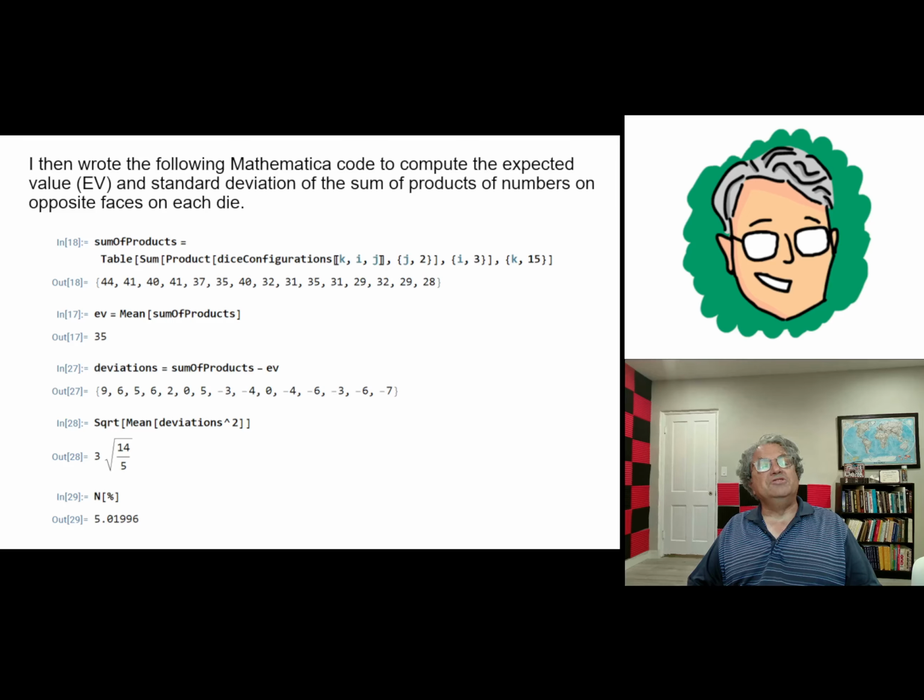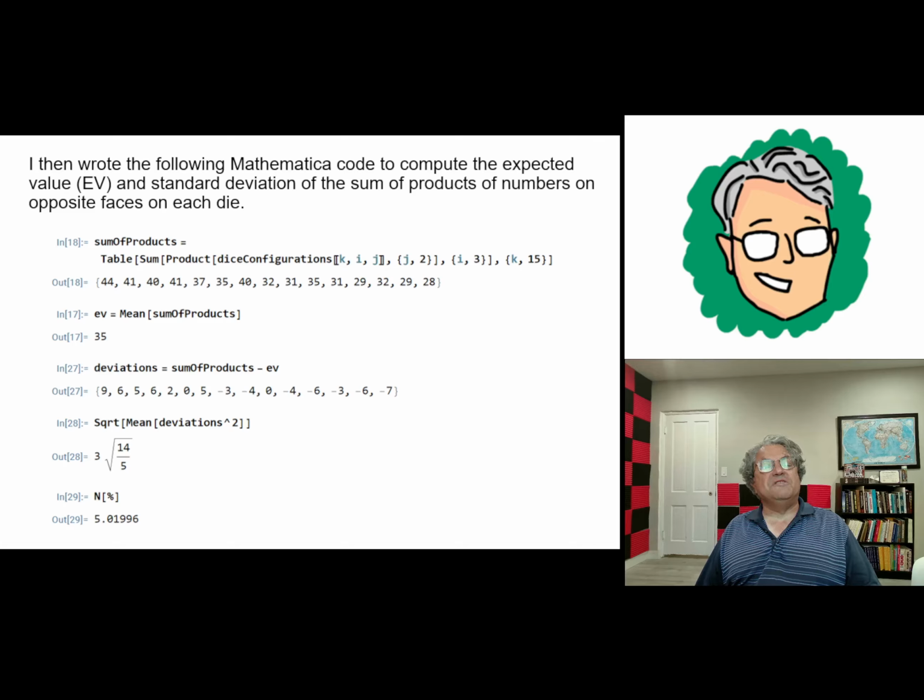And then to get the standard deviation, there is another command in Mathematica called StandardDeviation. But there's sort of two ways you can define the standard deviation. There's with n and there's with n minus 1. For some reason or other, Mathematica uses the n minus 1 definition, which is not what I wanted here. So I did this by hand.